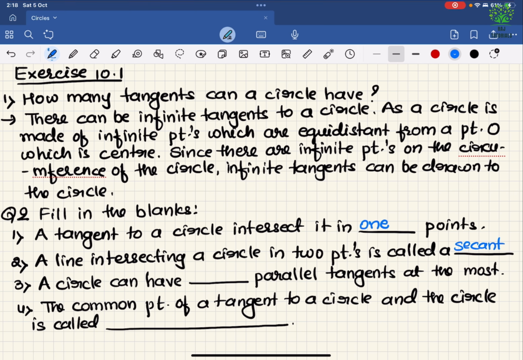Then third, a circle can have dash parallel tangents at most. Here the answer will be 2. Then the fourth one says the common point of a tangent to a circle and the circle is called the point of contact.